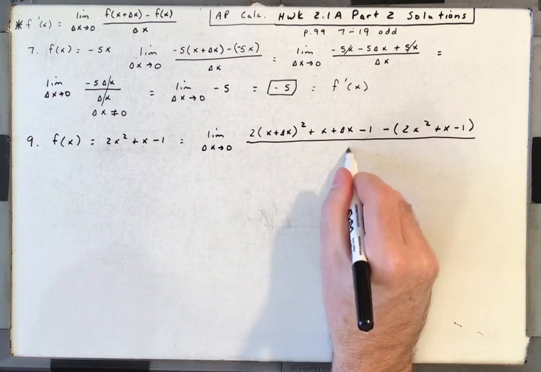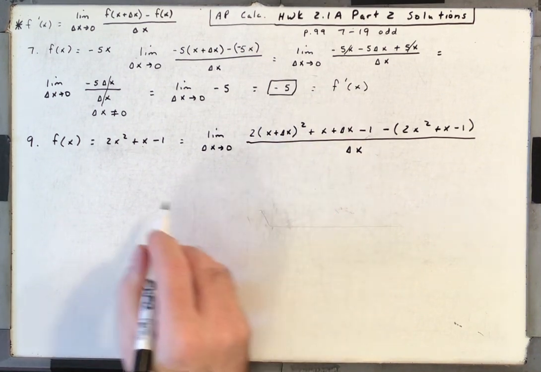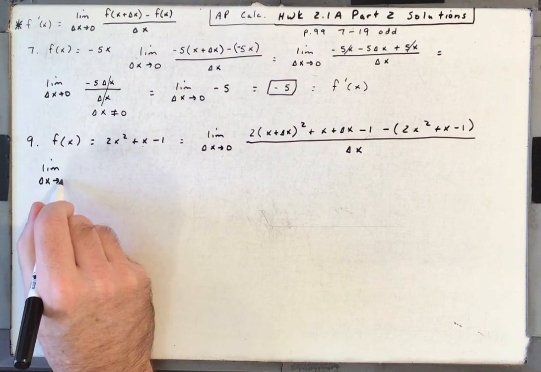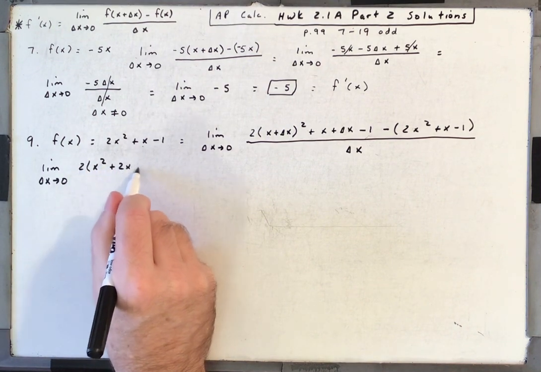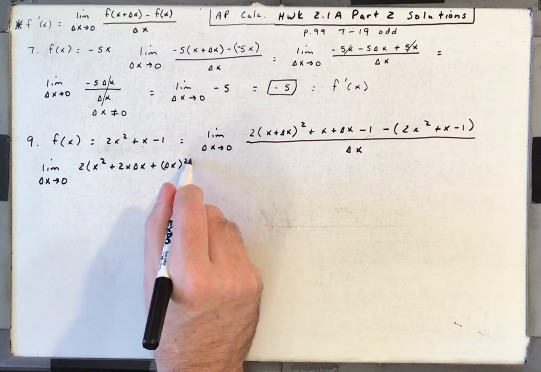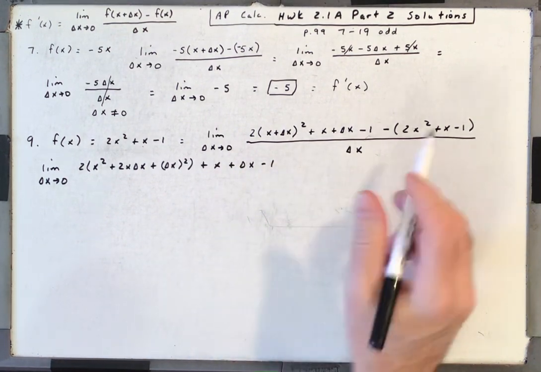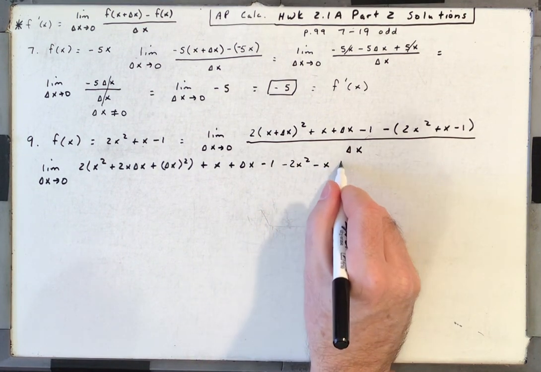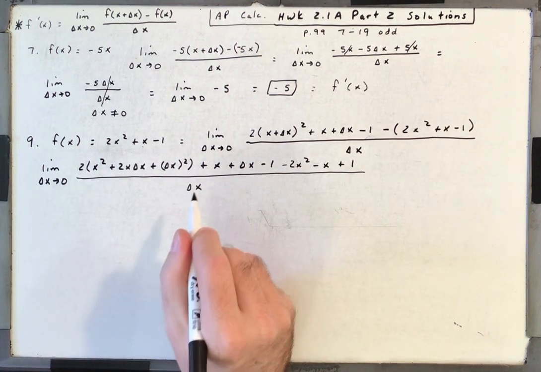All over delta x. Now, expanding the x plus delta x, that's just foiling that out, and we've done enough of these, you've probably learned the formula, really. You don't have to foil it out. But it's 2 times x squared plus 2x delta x plus delta x, all squared, plus x plus delta x minus 1, and then distribute this negative sign, minus 2x squared minus x plus 1, all over delta x.